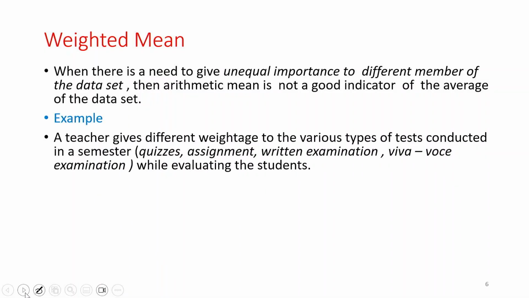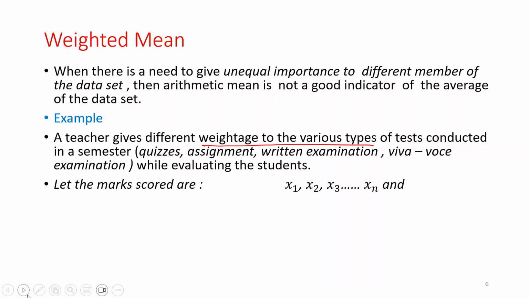I will come to an example, almost the previous example, where a teacher gives different weightage to the various types of tests. The teacher may decide that the importance to be given for quiz 1, quiz 2, viva or written examination should not be the same. In that case, weightage can be given to different types of evaluation, and then we can find out the average score.